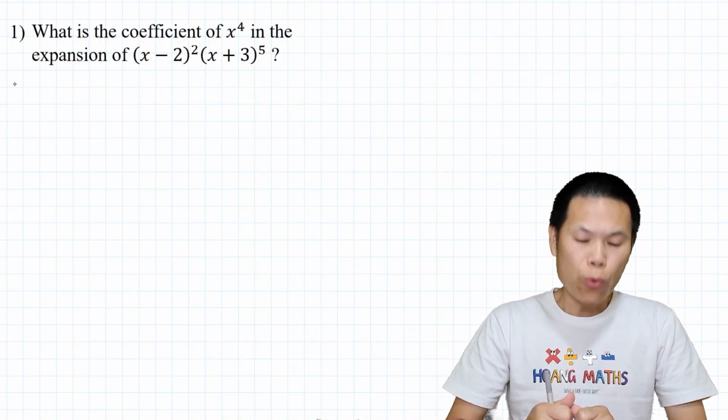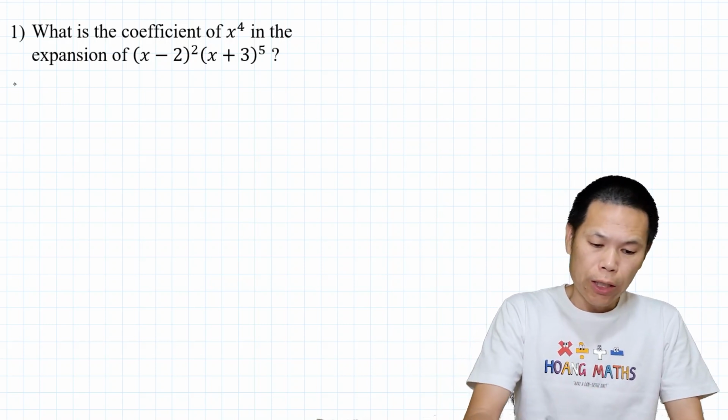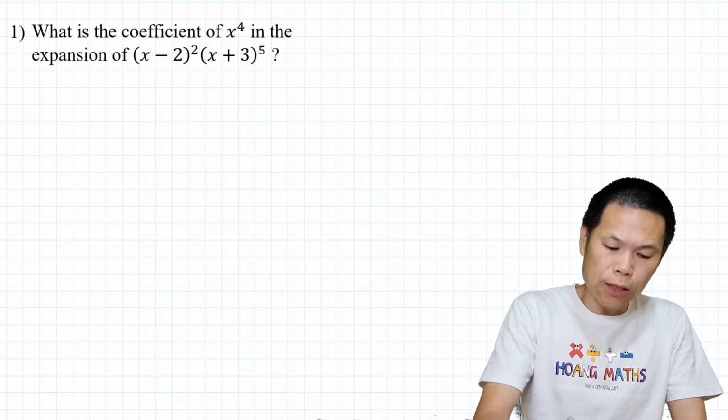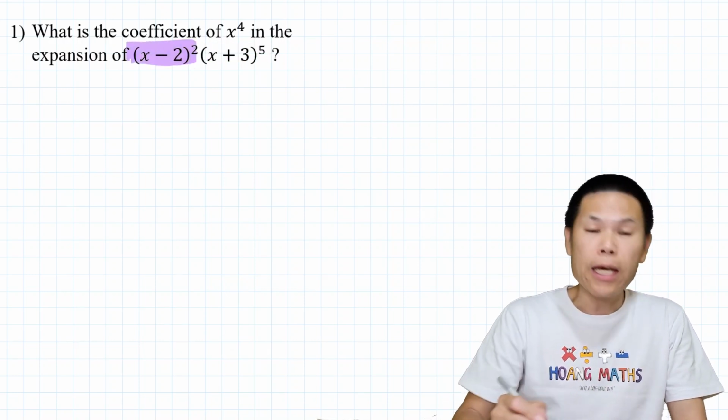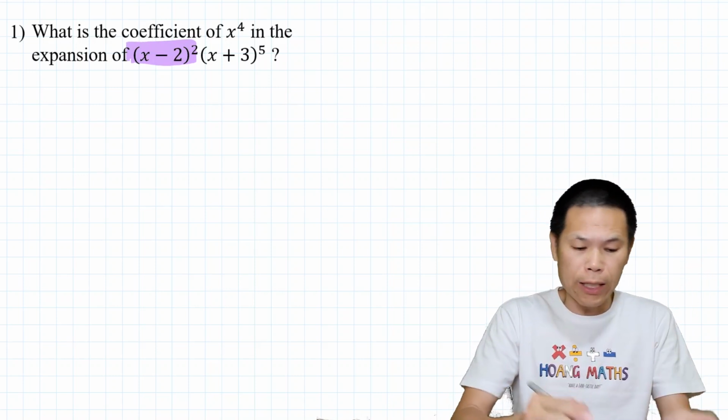First one, we need to work out the coefficient of x to the power 4 in this expansion here. The first step is to expand (x minus 2) to the power of 2 first, because we can expand that easily.